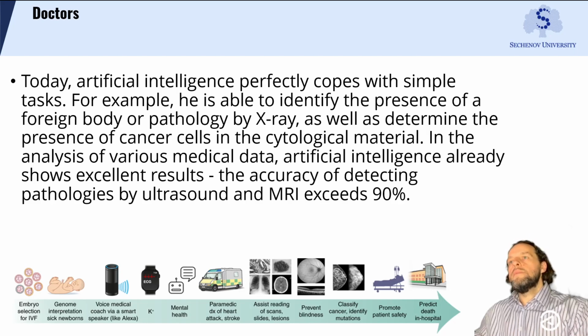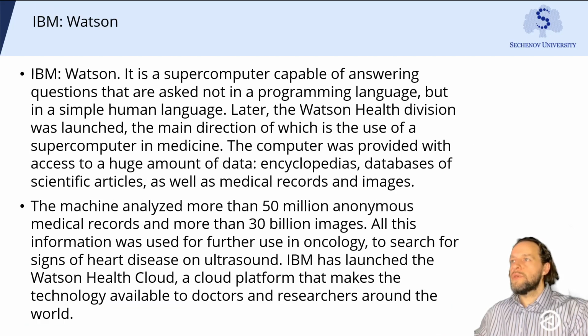But they're able to be applied to simple tasks, for example, in radiology to identify certain affected areas, or in pathology to identify cancer cells in cytological material, and results in these areas are about 90%, which is similar to human results.